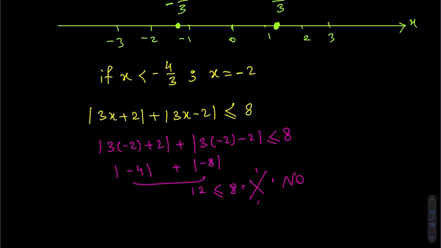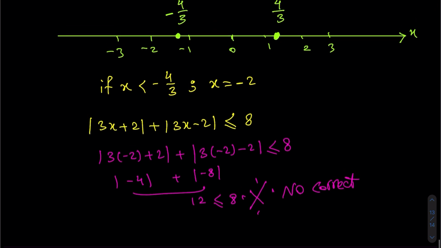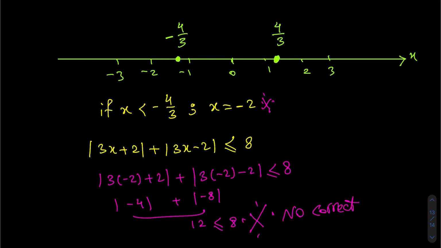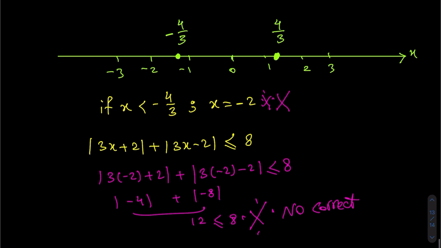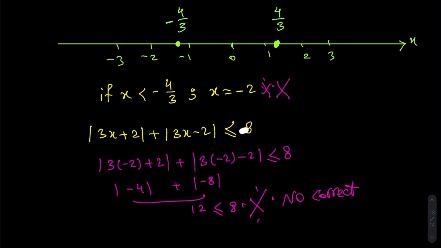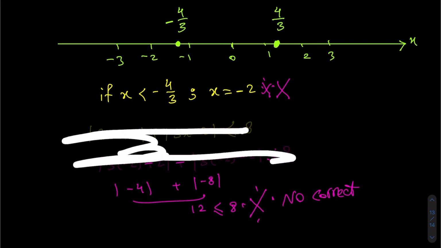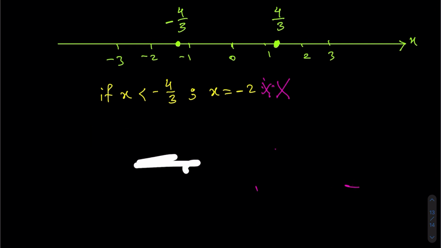So not correct. So x cannot be less than this critical value. So this one is not correct. Okay, let me erase this part and check the other side.